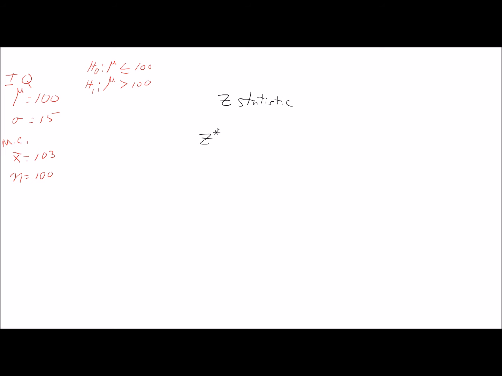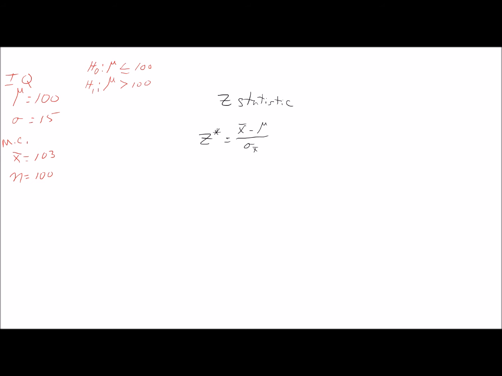The formula for this, though, is very similar to that of a Z score. So this is going to be X bar minus mu divided by the standard error. So if you look at your Z score, X minus mu divided by the standard deviation, the Z statistic is very similar, but we're dealing with sampling means.